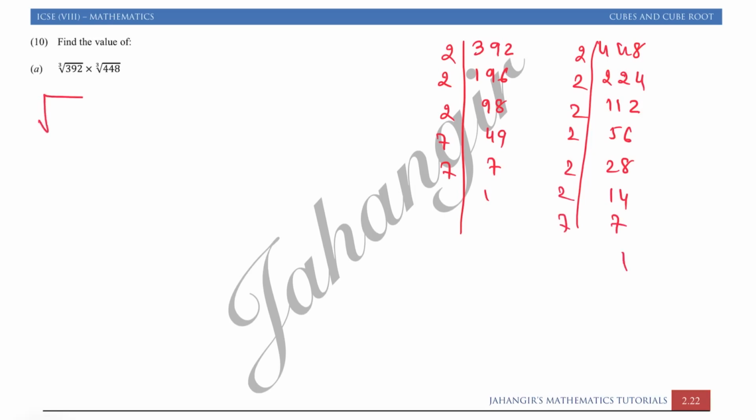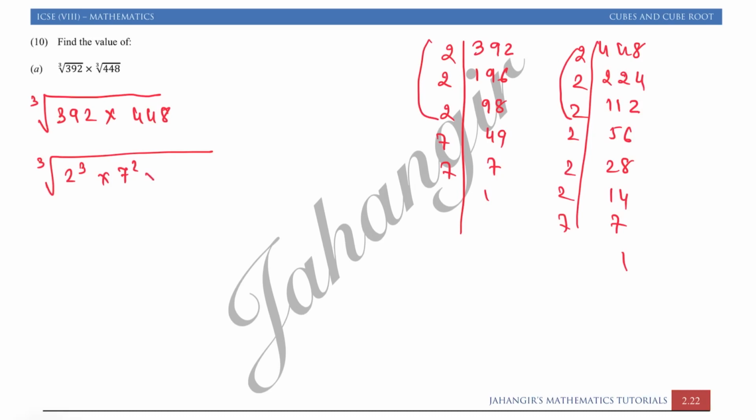So if I am writing both together, 392 into 448, because both have cube roots, so I can write the cube root of 2 cube, whatever is a cube, that I can write first. We will write 7 square into 2 cube into 2 cube into 7.